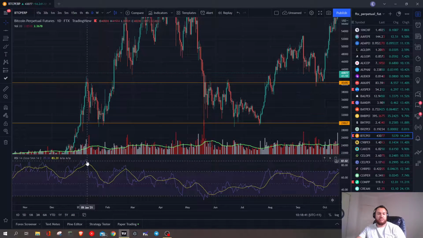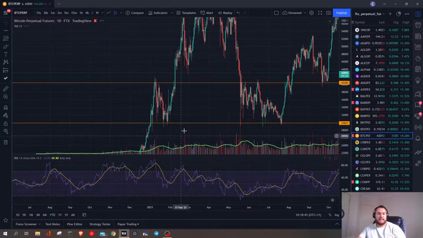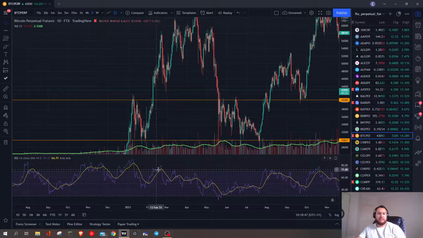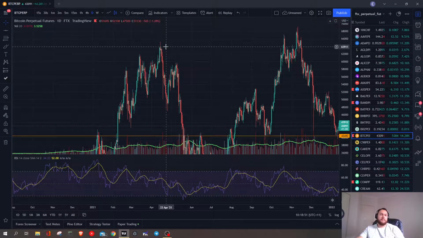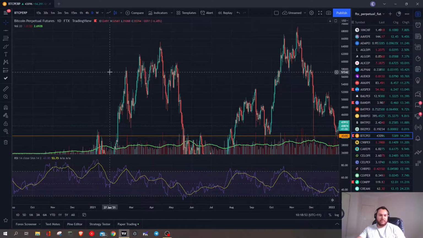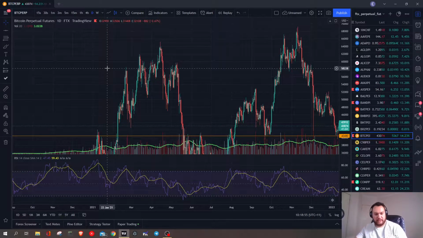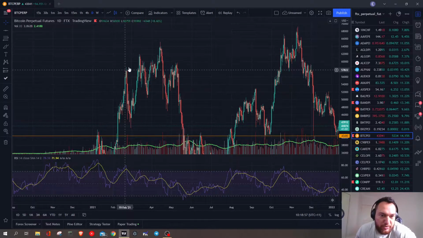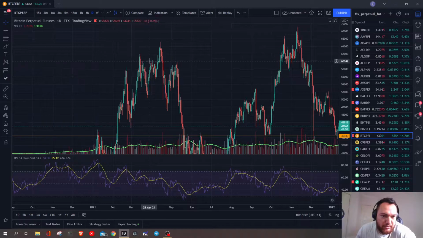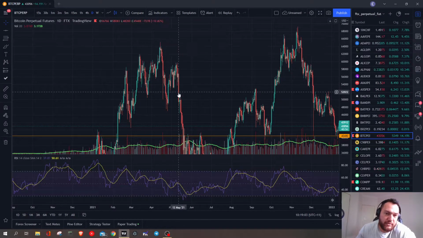So obviously potential exit here on the divergence, and we see the strength of the tops weakening as the price action goes up, which is RSI divergence or bearish divergence, and we would be looking for exits on the divergence and potential shorts, right?